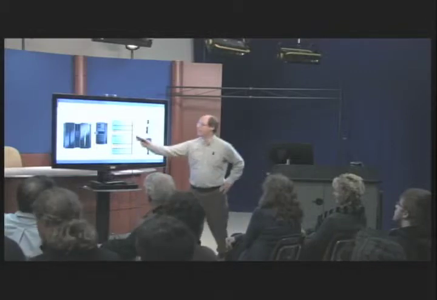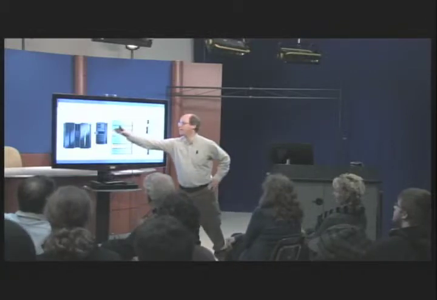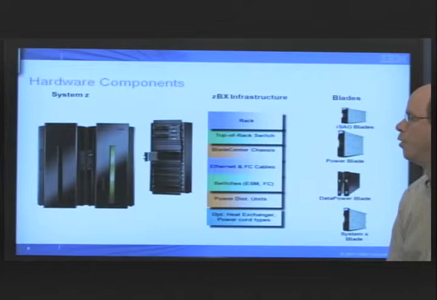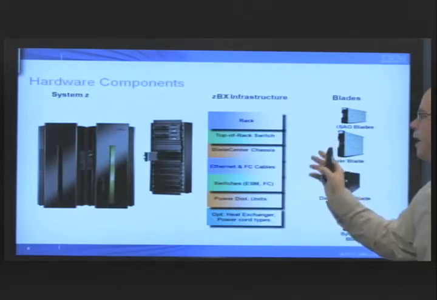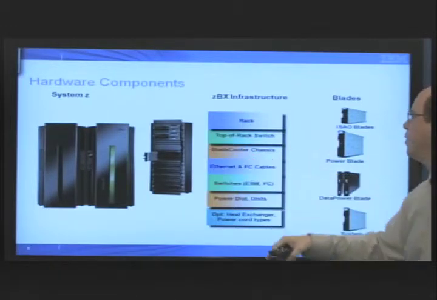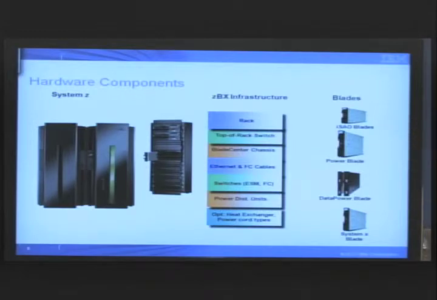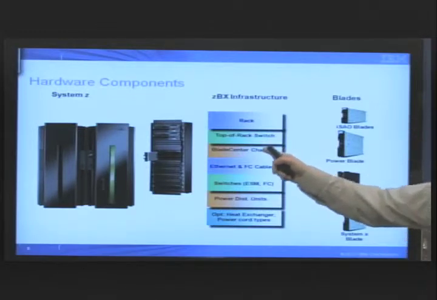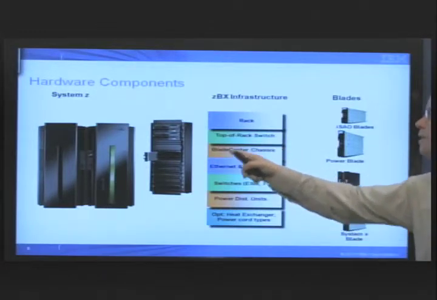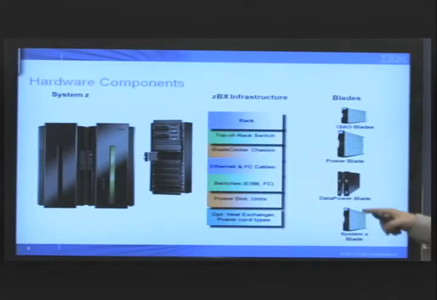Physically, we've got the system Z that looks like it traditionally would. The zBX is one or more racks where these blades run. There's basically a set of BladeCenter chassis in these racks, and the different types of blades can be installed there.